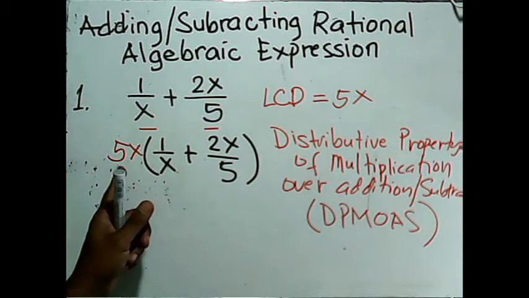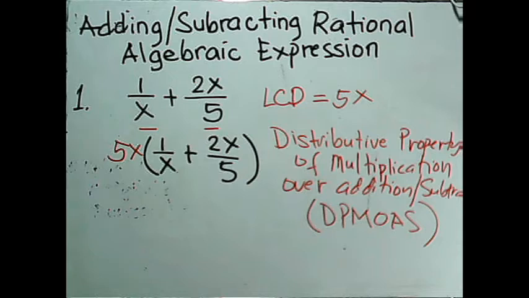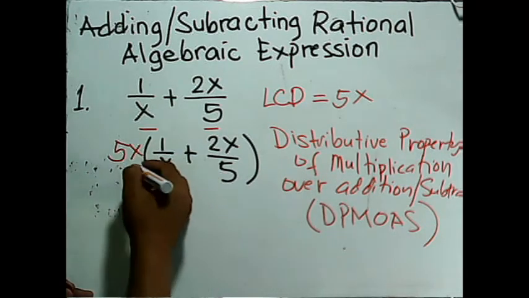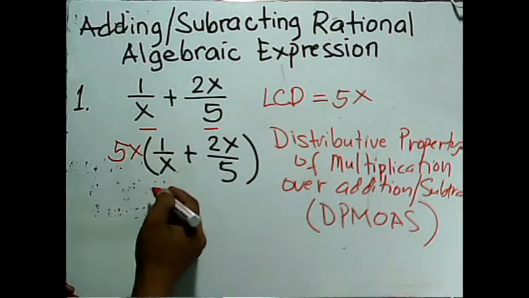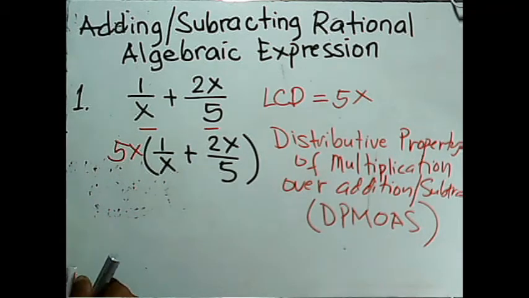Alright, so we are going to distribute our least common denominator, so we will multiply 5x to 1 over x.